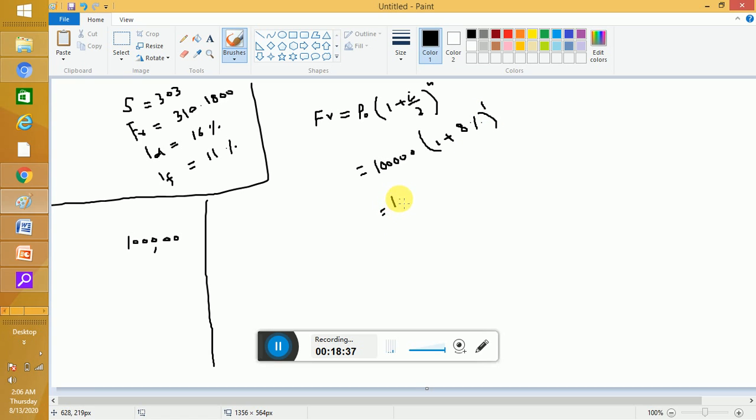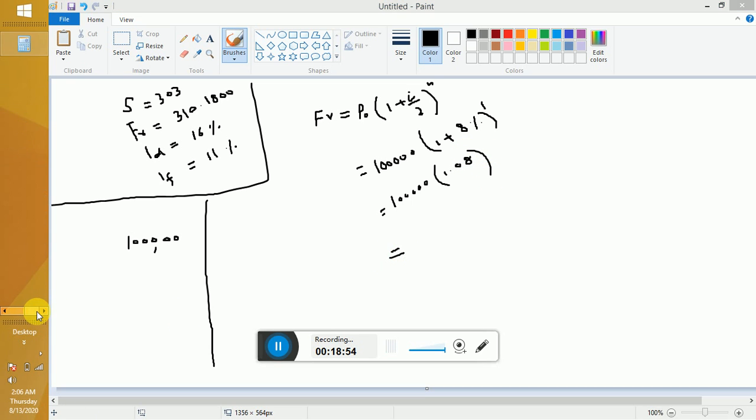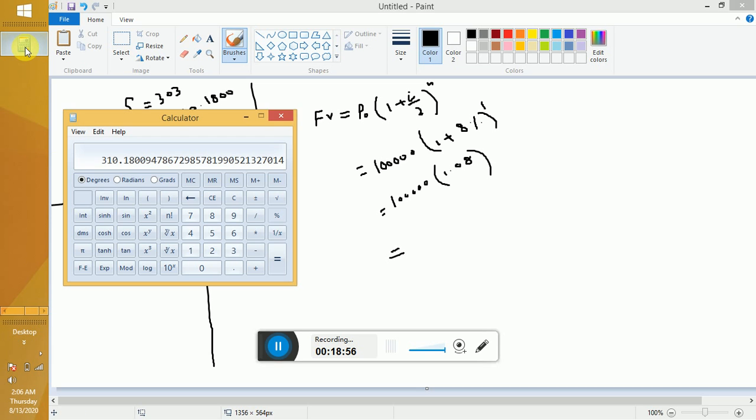So 100,000 multiplied by 1.08. 8% is 0.08. So now we will get 100,000 multiplied by 1.08.